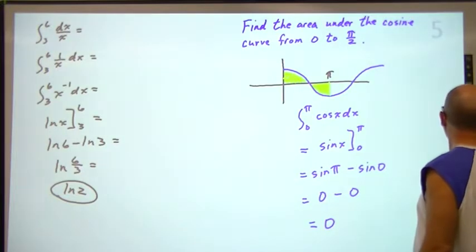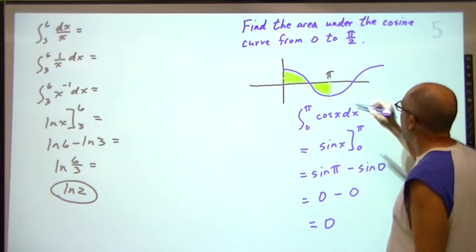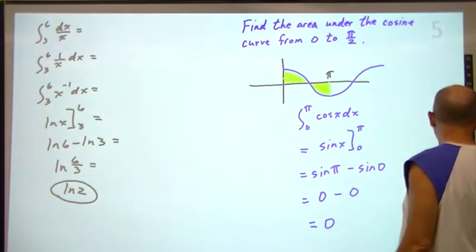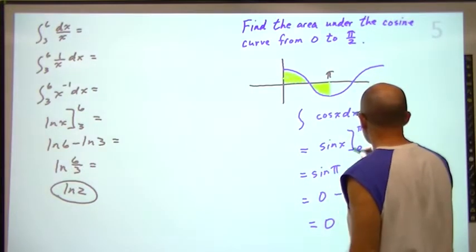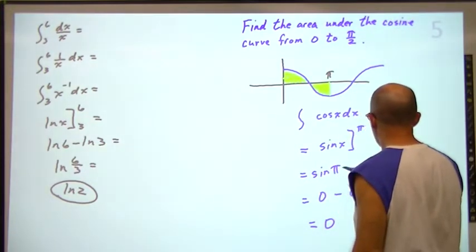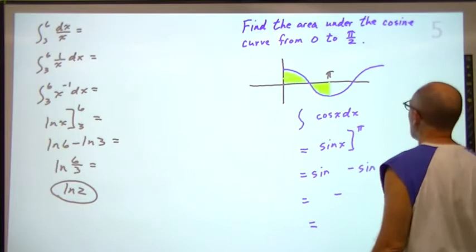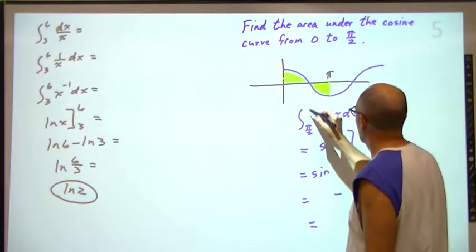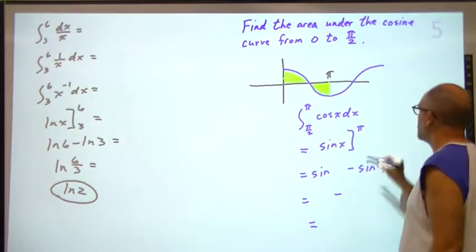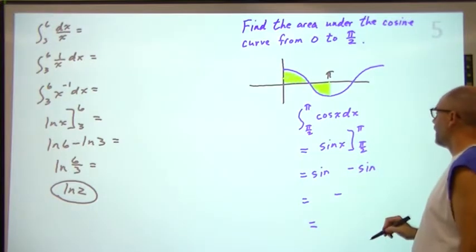Notice if I wanted the area from pi over 2 to pi, watch this. I want the area from pi over 2 to pi, which is going to be sine x from pi over 2 to pi.